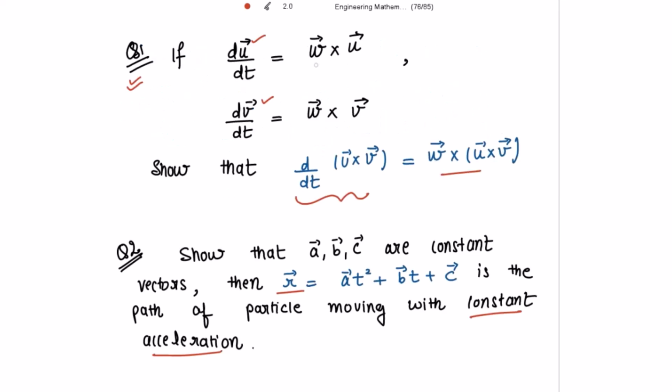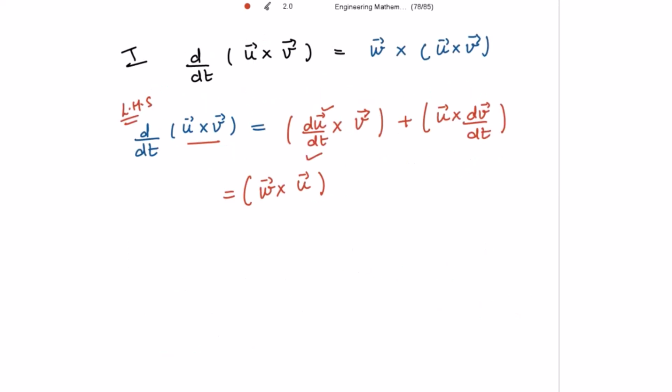It is a cross product of w with this u vector and is having cross product with v vector, plus u vector cross product with dv by dt. What is dv by dt? It is the cross product of w with v vector. This is given to us, right?